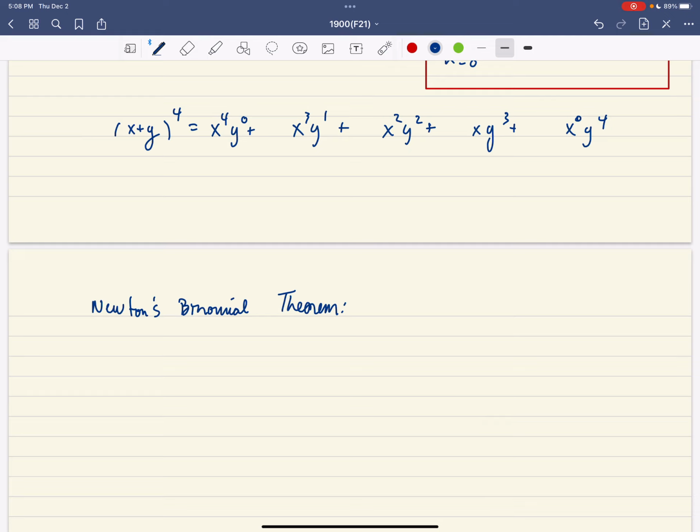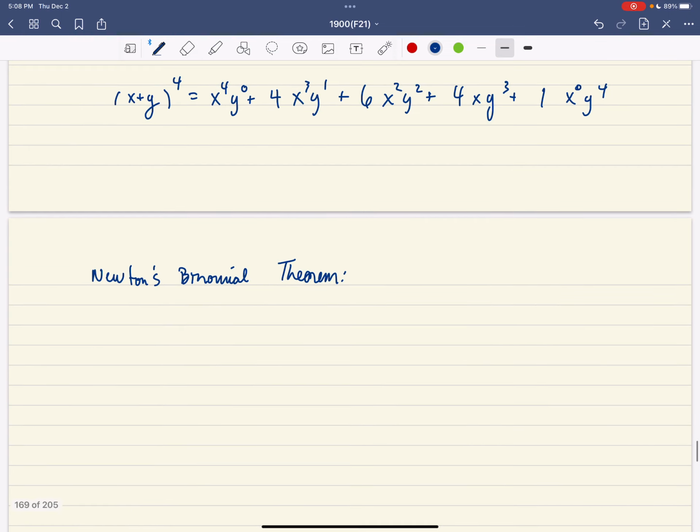And it turns out what these numbers are is, here you have 1, here you have 4. Next you'd have 6, 4, and 1.